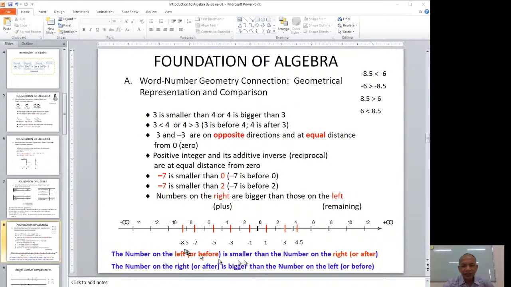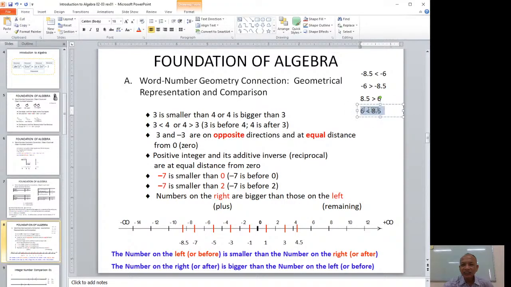We say from the left to the right, like here, 6 is smaller than 8.5.